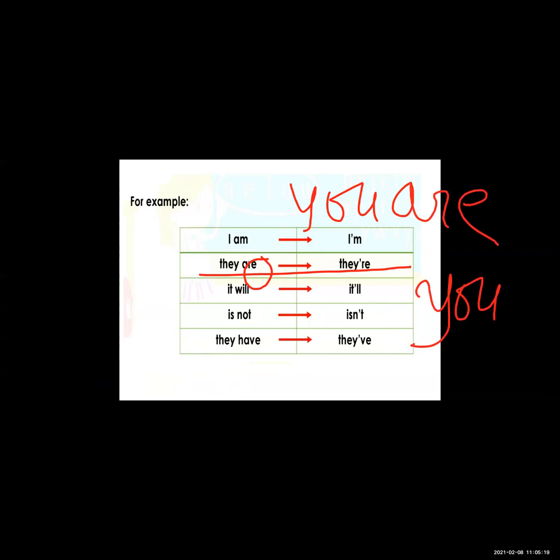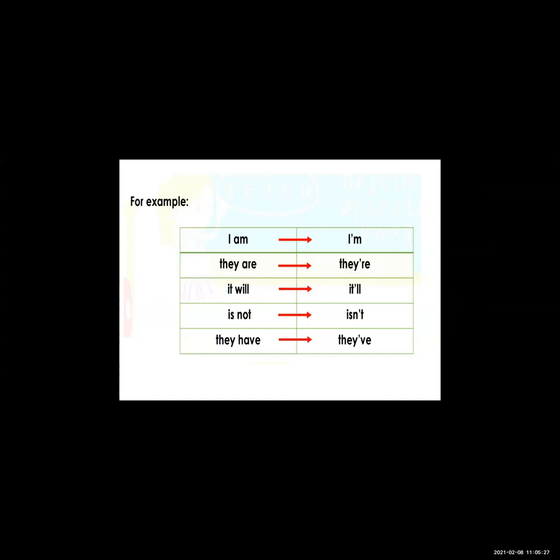After they, we are going to add an apostrophe, and after that we are going to write only R E. So it's they are. If you have to write you are, how will you write it? You will write you, then apostrophe, and then R E. So these are the right contractions of you are and they are.